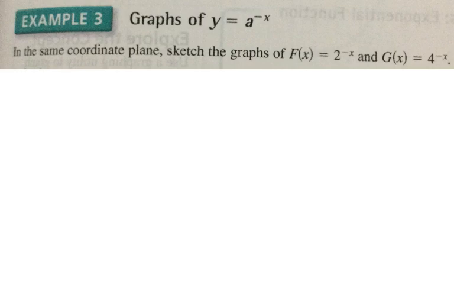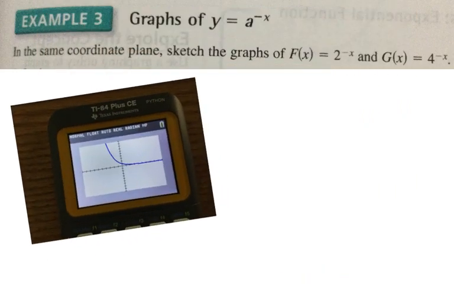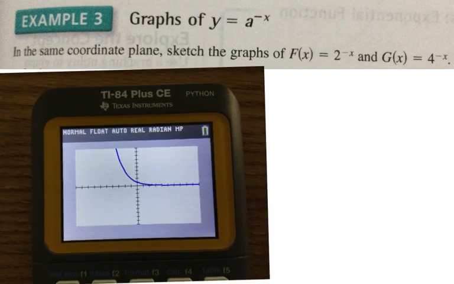So when I graph 2 to the negative x, right here's what that graph looks like. And then if I graph 2 to the negative x and 4 to the negative x on the same graph, again, we can see it still follows that similar pattern.